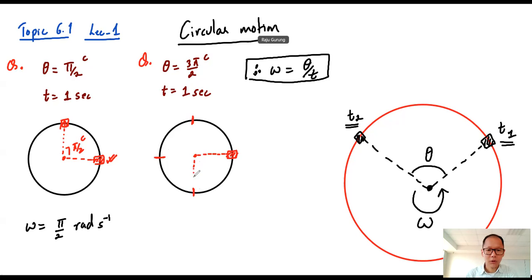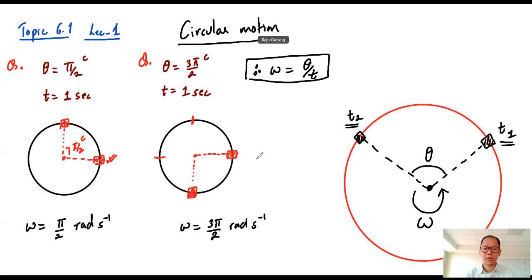So the object would have reached here in 1 second. I will say that my omega for this one is 3 pi over 2 rad per second. Now, the bigger the number, the faster the circular motion.